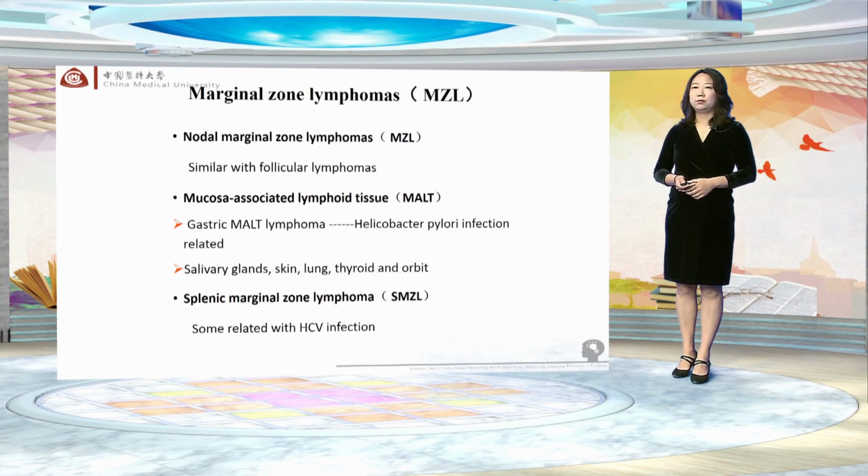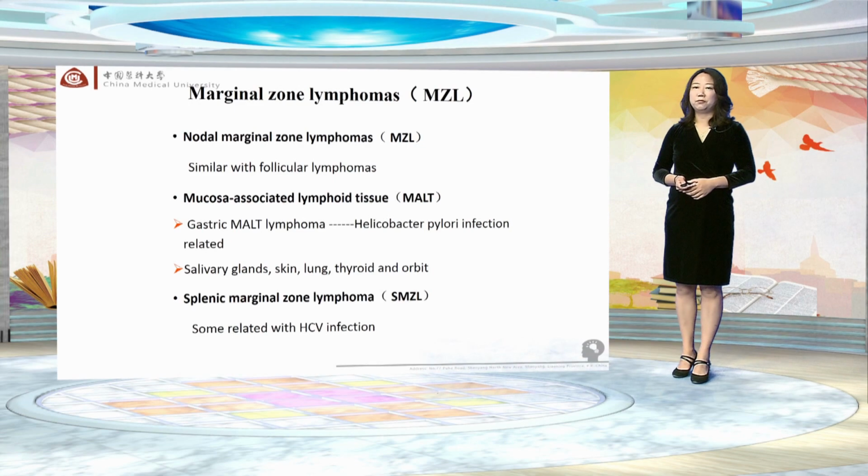The marginal zone lymphomas encompass 3 clinical presentations, including nodal marginal zone, splenic marginal zone, and extranodal with masses in the respiratory or gastrointestinal system.